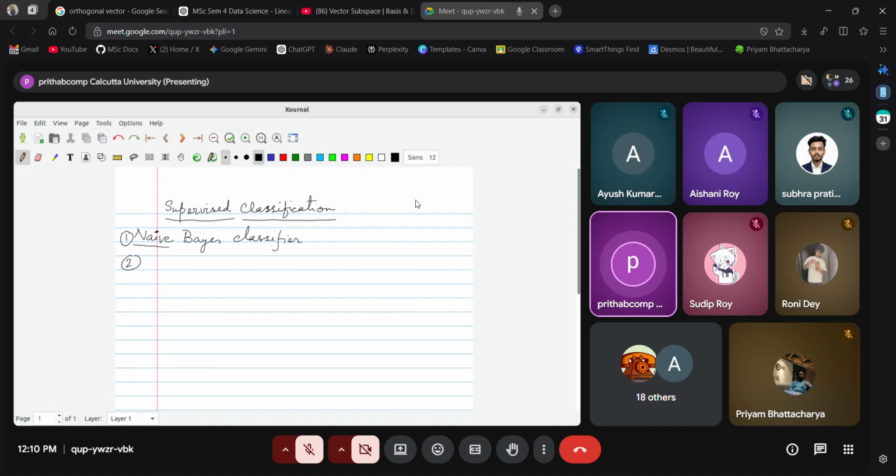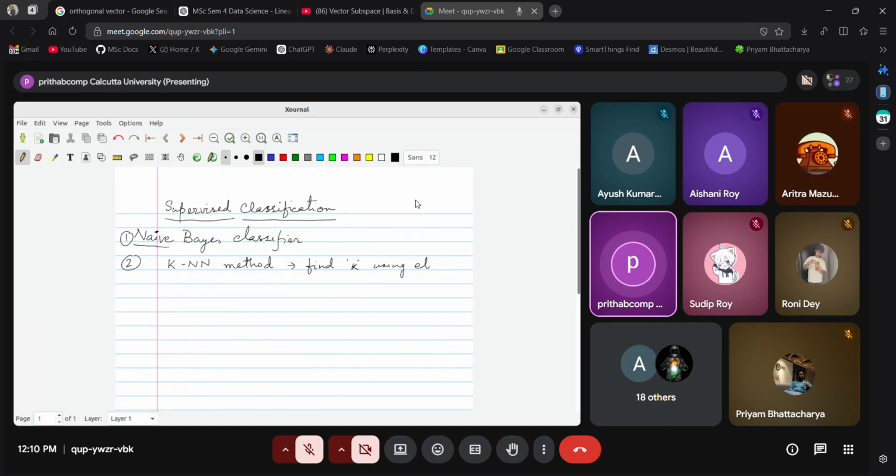The second method that we have seen is the KNN method, right? We also saw in the KNN method how to find this K using the elbow method. In the KNN method, it is a non-parametric approach, if you remember.